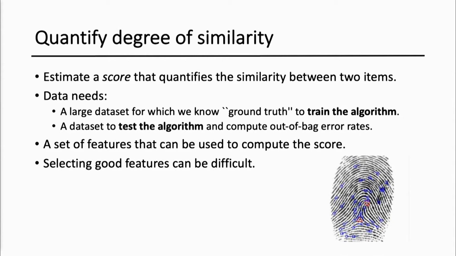Fingerprints have whorls and loops and bifurcations and ridges that end and so on. But it's not only the number of each one of those features, it's the geometric arrangement of them. So you might think about measuring perhaps the distance between the two closest features and the angle between the features, and in general trying to understand the geometric arrangement of these minutiae, as they call them, and then use those as your features in your classifier.